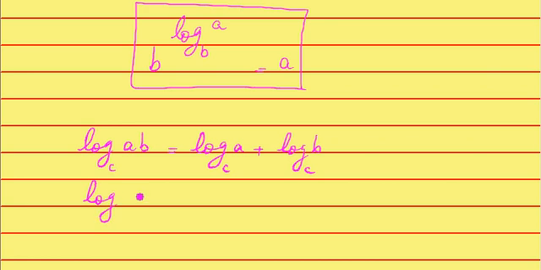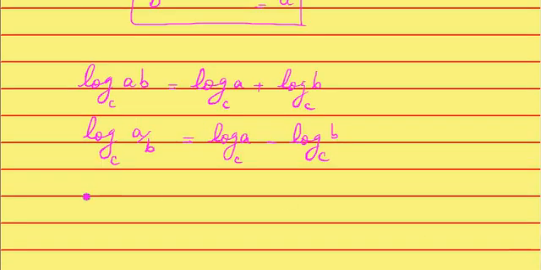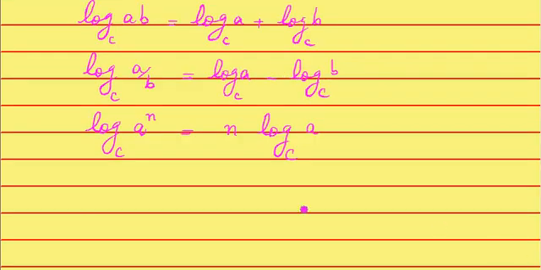Logarithm of a ratio in a base is equal to the logarithm of the numerator minus the logarithm of the denominator. Logarithm of a power is equal to the exponent times the logarithm of this number used as a base here in the original base of the logarithm.